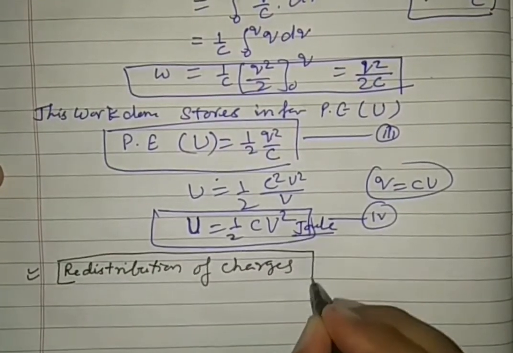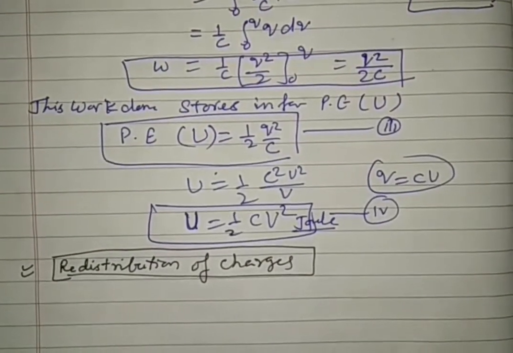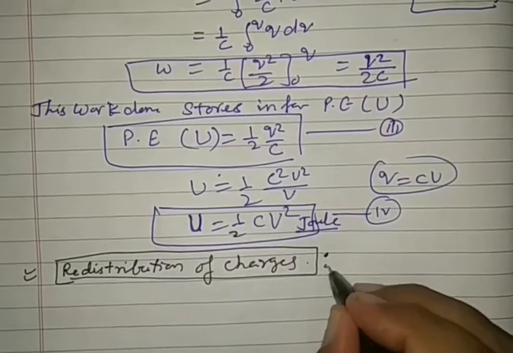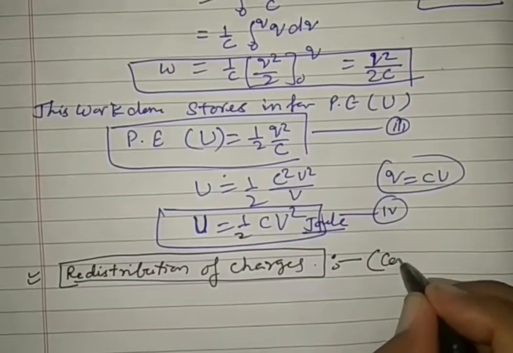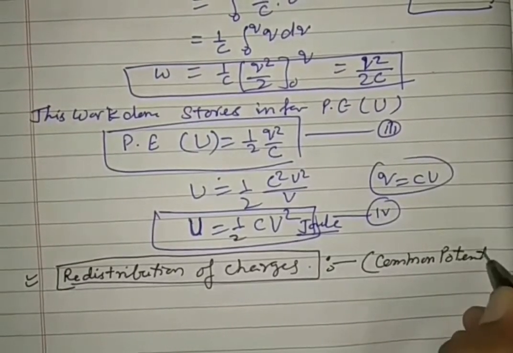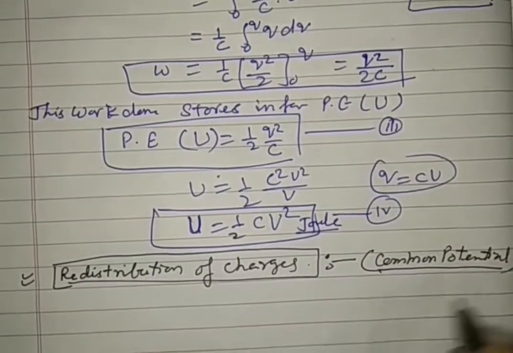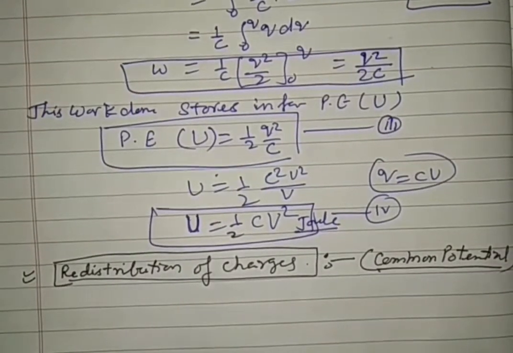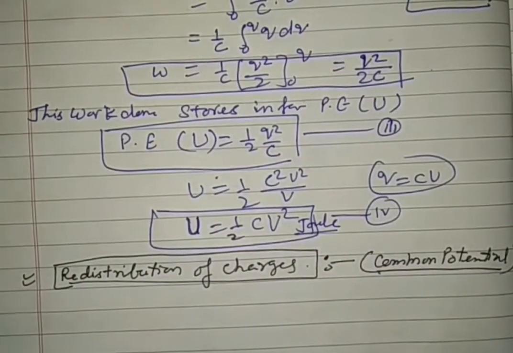We are going to see this redistribution of charges. It is also known by one more name, common potential. See the concept of what is a common potential and redistribution of charges.